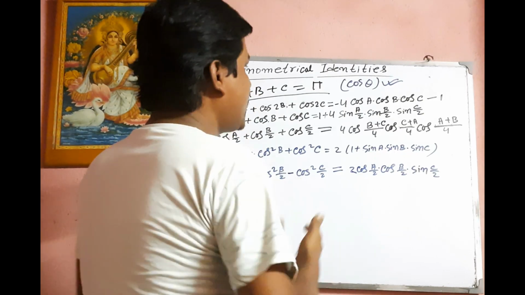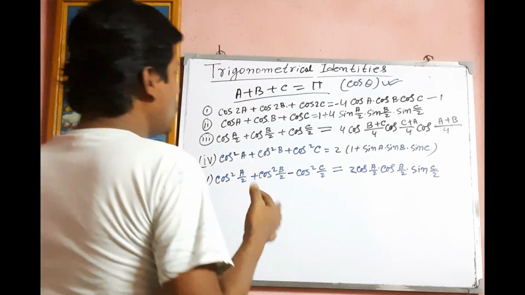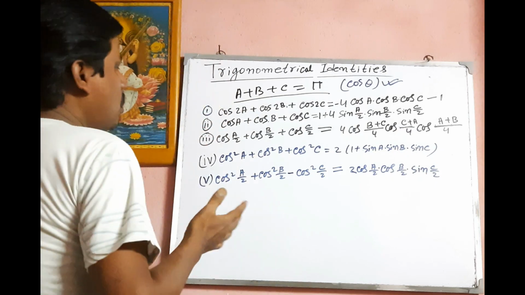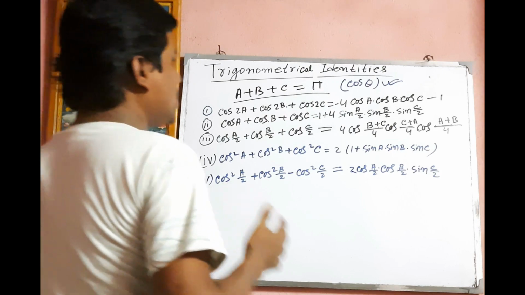Now we are discussing the cos type identities or formulas here. There are also 5 formulas of cos theta type.